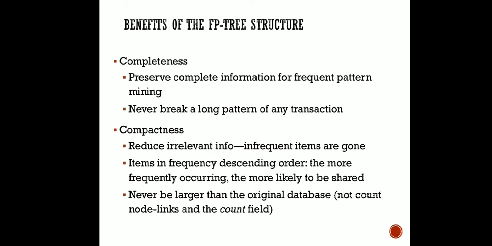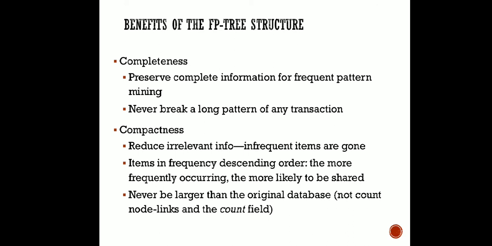From the tree itself, we have a total picture of the database, and whatever minimum support we set, we can mine accordingly. How to mine this tree, we are going to see in the next class.